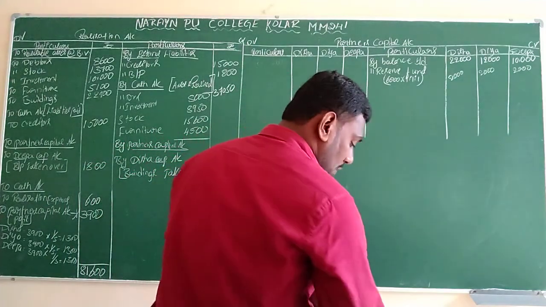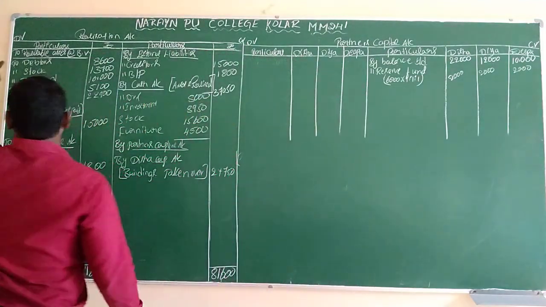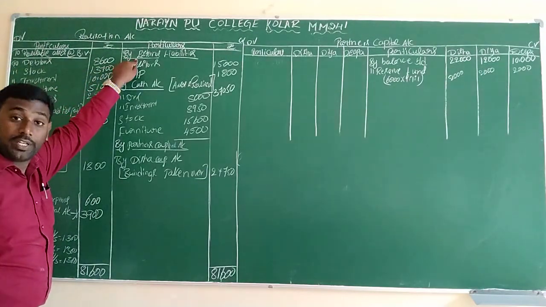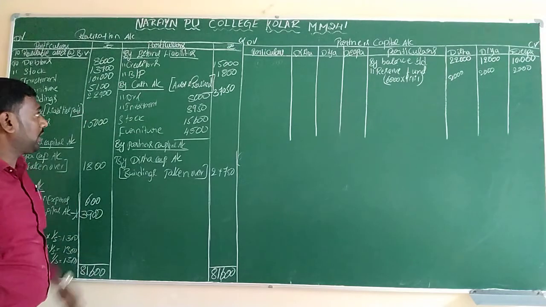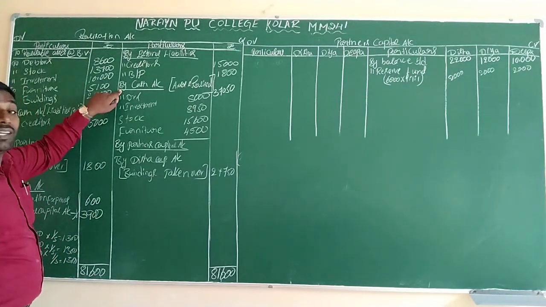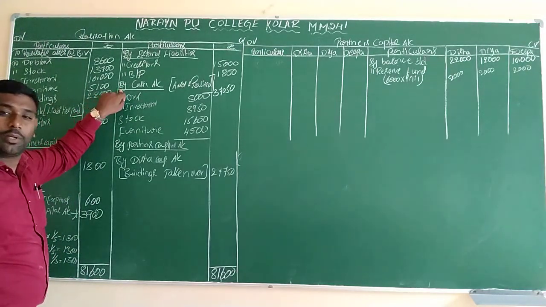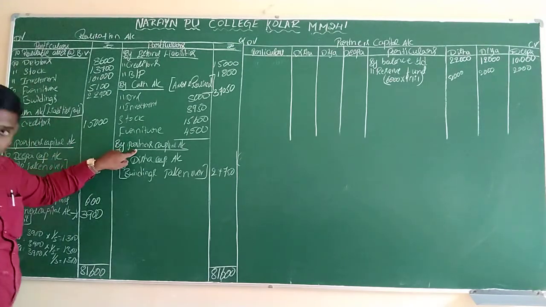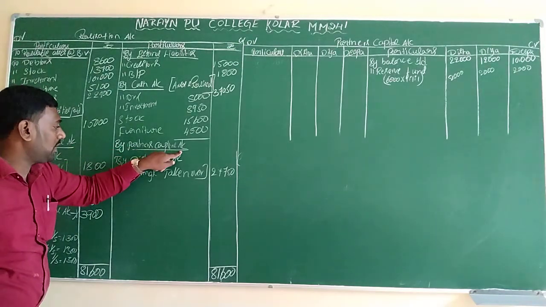So in step number 1, we didn't use the term partner's capital account, ignore. Step number 2, ignore. Step number 3, ignore. Step number 4, ignore. Step number 5, we should use the term partner's capital account.